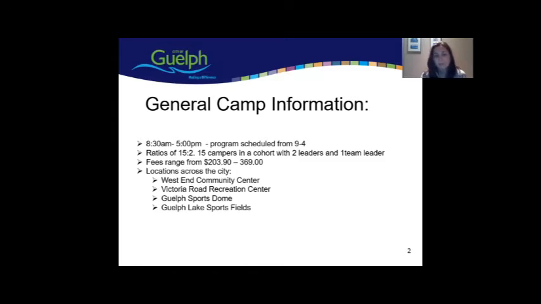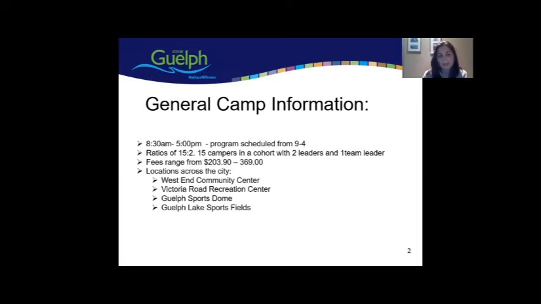Our programming is scheduled from 9 to 4. For our integrated camps, now Cheryl and I were just talking about this, these are ratios from last year. So I don't anticipate that these will change with COVID guidelines, but at this point, ratios are 15 campers in a cohort with 2 leaders and 1 team leader.